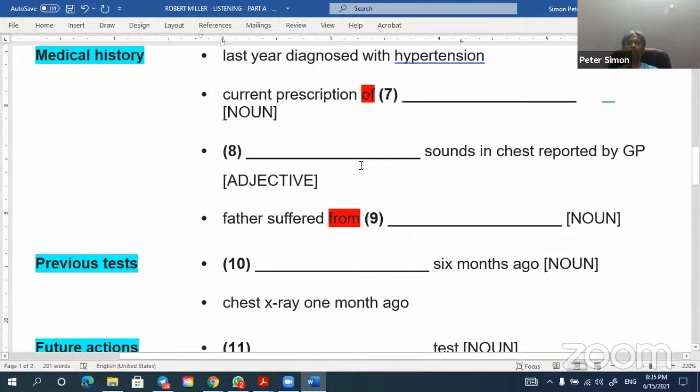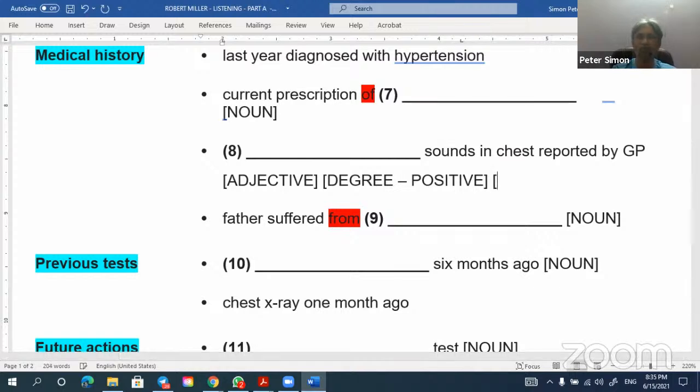Adjective, dash sounds. This is an adjective, harsh sounds. It may be positive degree, or it may be a gerund, like in irritating sound, screeching sound, smashing sound, troubling.